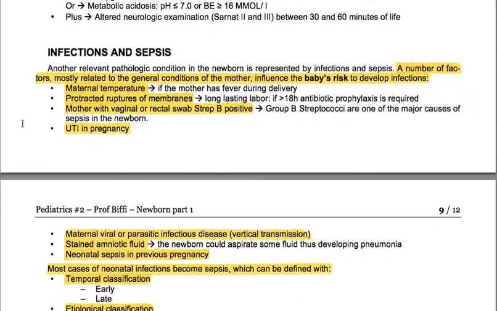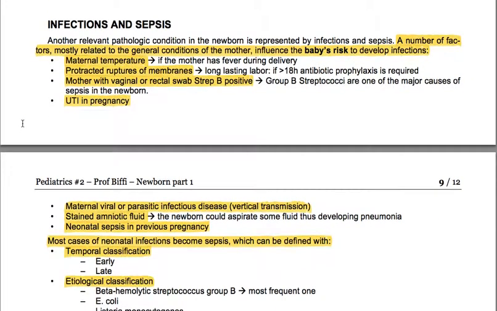Infections and sepsis. Another relevant pathologic condition in the newborn is represented by infections and sepsis. A number of factors, mostly related to the general conditions of the mother, influence the baby's risk of developing infections. These include maternal temperature if the mother has fever during delivery, and protracted rupture of membranes, leading to long-lasting labor; if more than 18 hours, antibiotic prophylaxis is required.